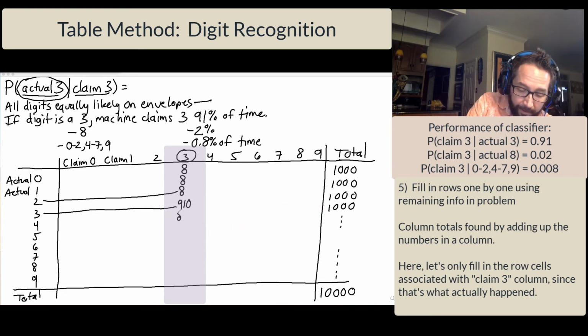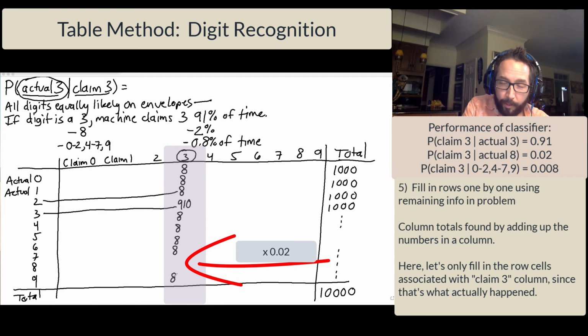A 4, a 5, a 6, a 7, 0.8% of those 1,000 instances, it's going to get called a 3. And same thing for 9 here. 8's the only thing that differed from the other digits here. When the actual digit is an 8, the machine claims it's a 3 2% of the time. So of these 1,000 times the machine is actually working on the digit 8, it's going to claim that it's a 3 2% of them, or 20.